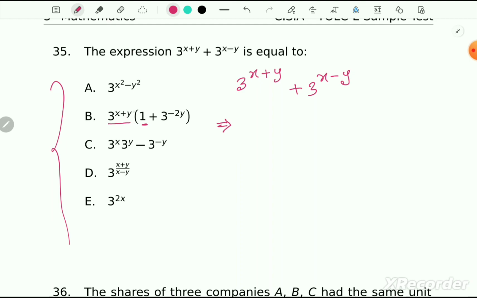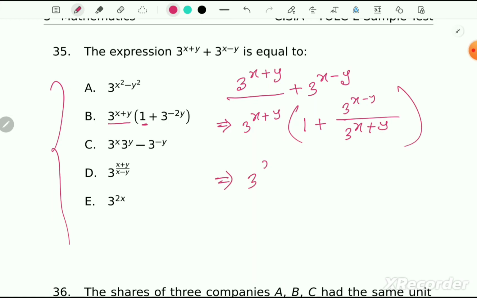That means this value and this value are the same, so we can simply take the common term. So we can write 3^(x+y) times 1 plus 3^(x-y) divided by 3^(x+y). Then it becomes 3^(x+y).